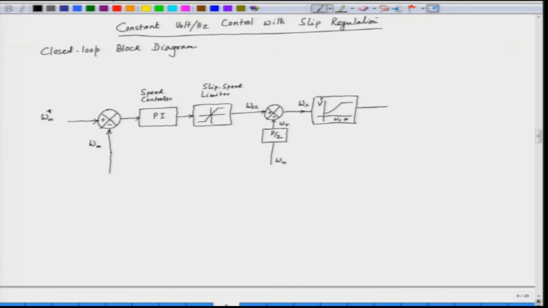The output of this is a voltage V star. Now, this is the reference frequency, the frequency command is here. So, we have the reference frequency omega s in radian per second, and then this goes to an inverter, a voltage source inverter.